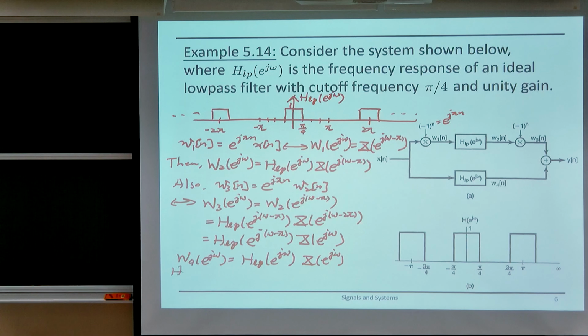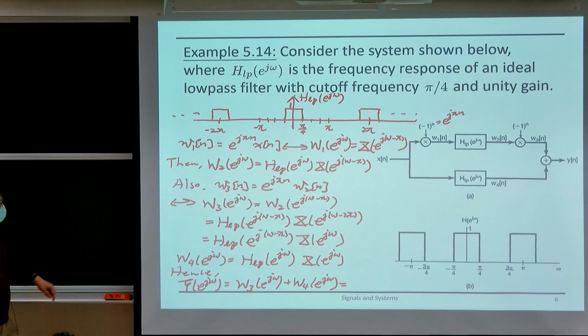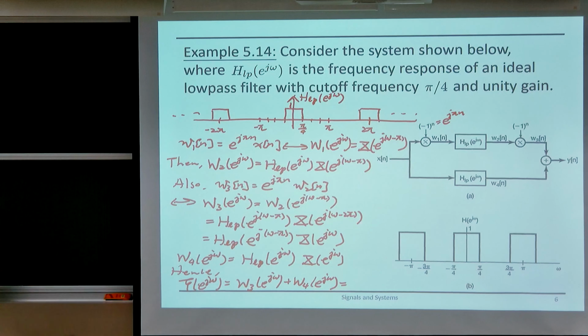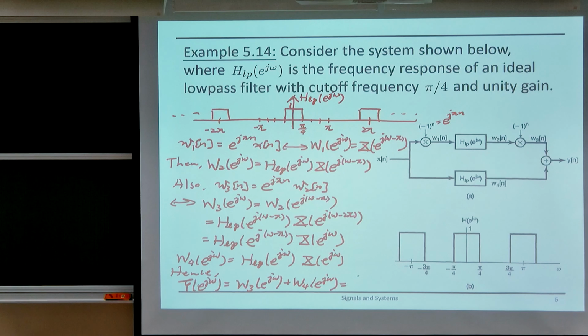Hence, Y(e^jω), which is W3 plus W4, if I plug both of these inside, I will get HLP(e^j(ω−π)) plus HLP(e^jω), times X.